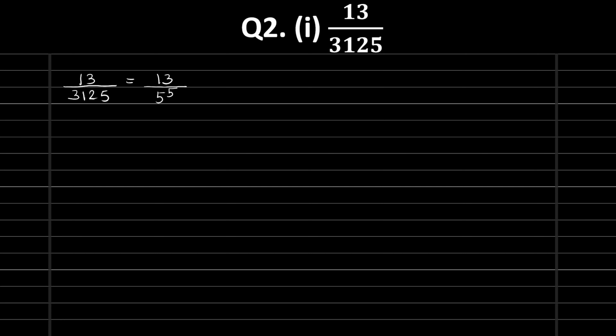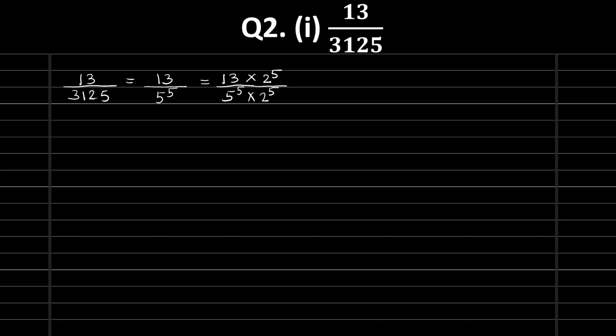Okay, so simple. In the denominator we have 5 raised to 5. So what we will do? We will multiply 5 raised to 5 with 2 raised to 5 in the denominator. And this cannot be done only in the denominator. We have to do it in the numerator as well.